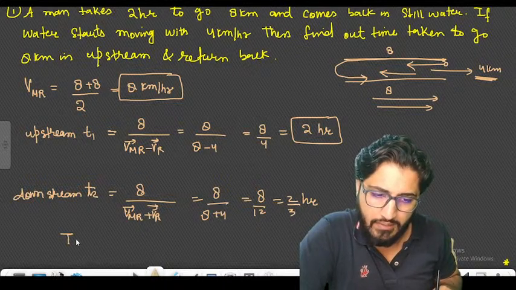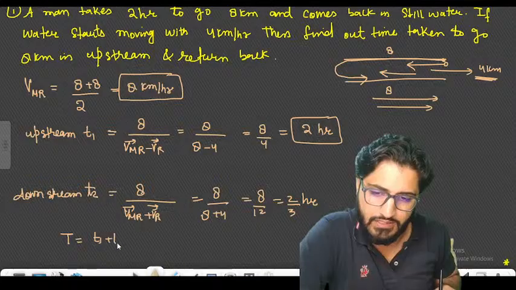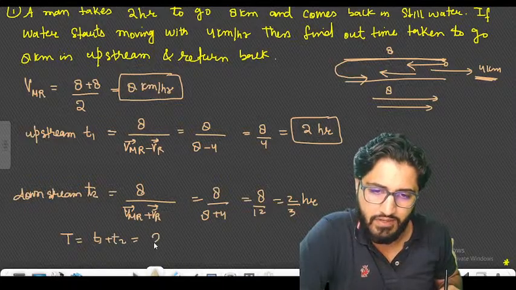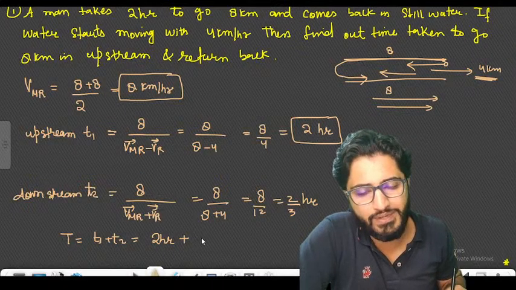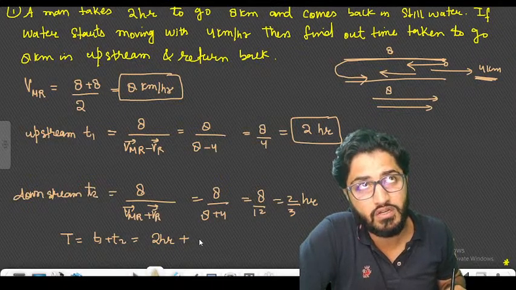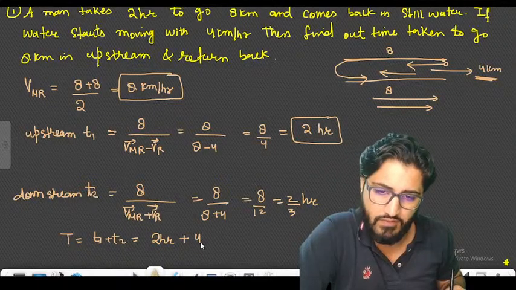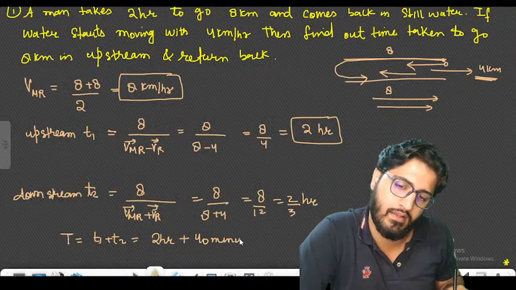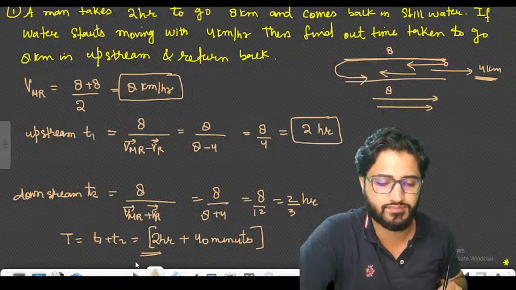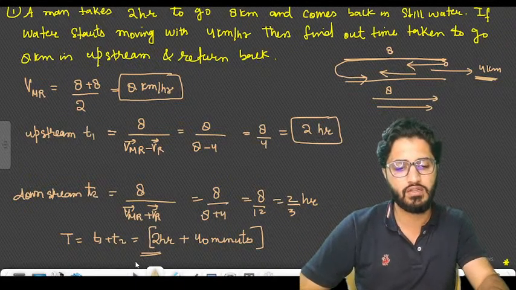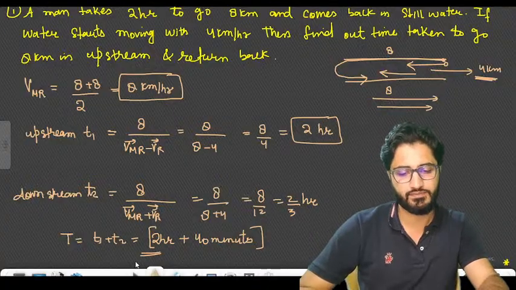Total time will be T1 plus T2. T1 is 2 hours plus T2 is 2 by 3 hours. Multiplying 2 by 3 by 60 gives 40 minutes. So my total time will be 2 hours 40 minutes. Done?